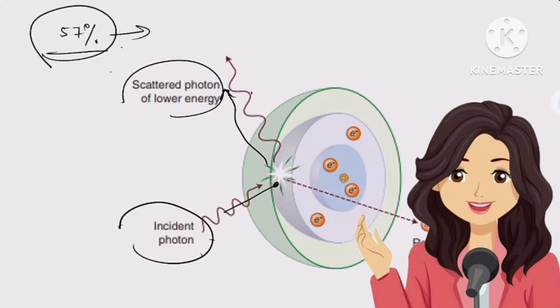But what it will do is just cause fogging on the film, because it is giving us scattered photons. Scattered photons have no diagnostic value. They are just low energy photons reaching towards the film, and they will just fog the film. Fog means fogging.